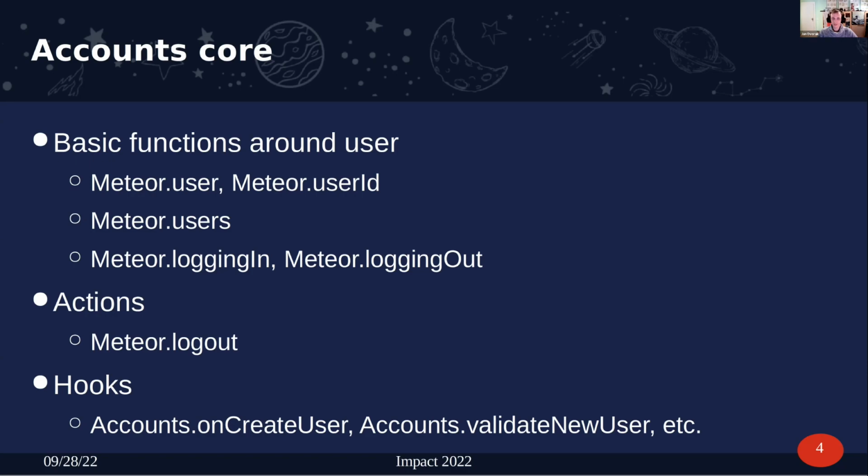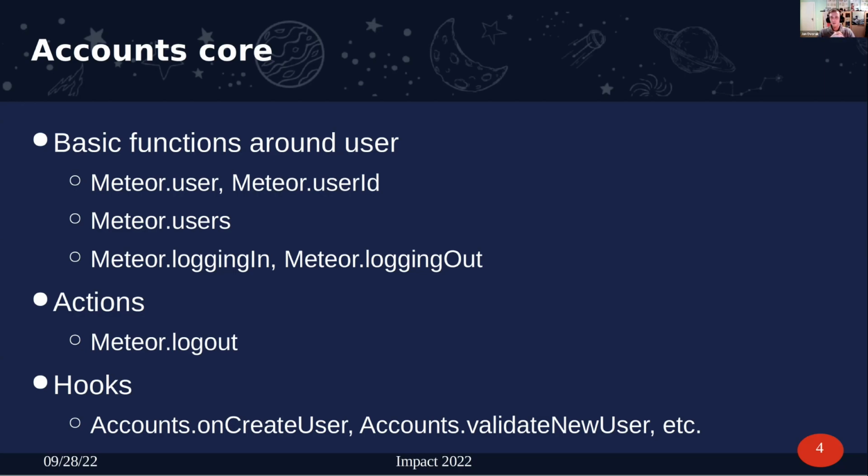A couple to mention are accounts onCreateUser and validateNewUser. onCreateUser is a hook called once a user gets created, which allows you, after the creation, to get their ID and other information and perform some action. For example, one of the packages I'll mention later, Socialize, uses this hook to create an entry in the profiles collection.